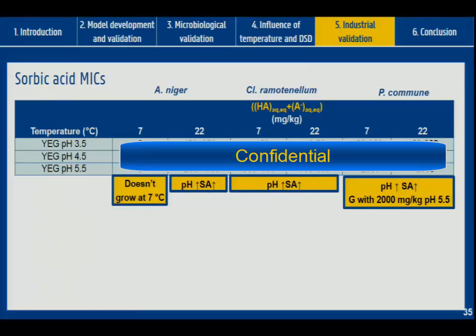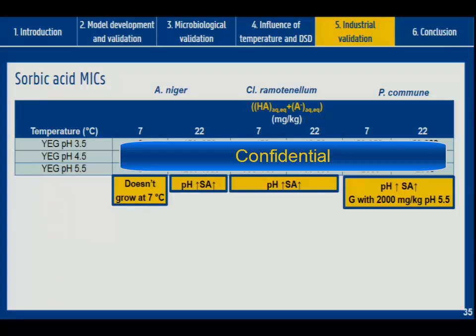At 22 degrees, we noticed that as pH grows, so does the necessary total sorbic acid concentration that will inhibit the microorganisms. We noticed this also for Cladosporium ramotenellum and Penicillium commune. However, with Penicillium, we also noticed growth at pH 5.5 even with 2,000 milligrams per kilogram, which is the highest allowed concentration by law.